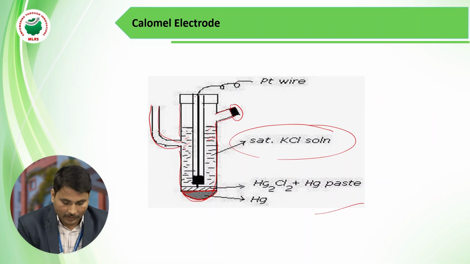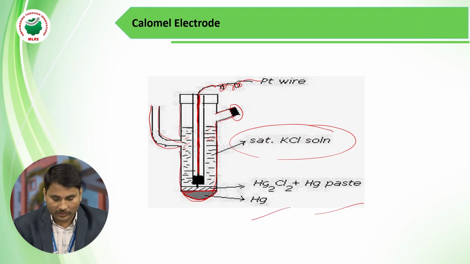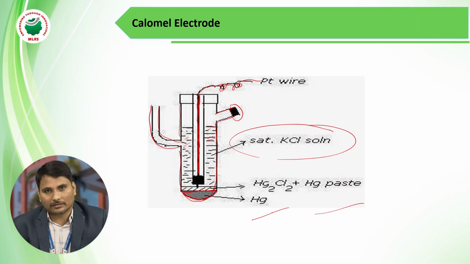Here is our platinum wire. It is placed in the middle of the glass tube, and it is connected to the other electrode whose potential we need to find out. This is about the simple calomel electrode.